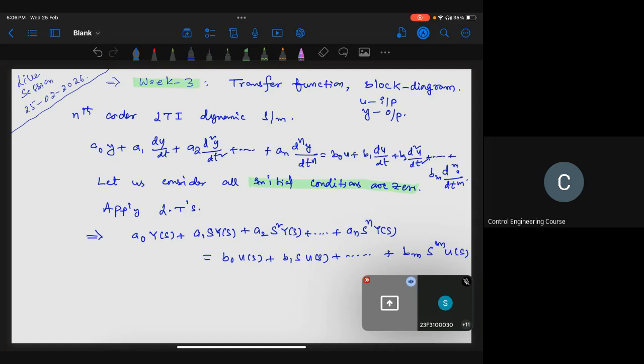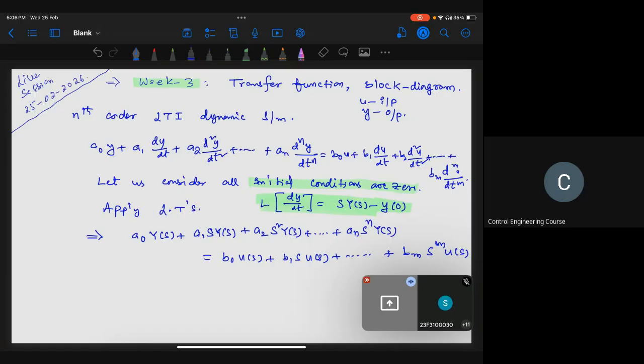How do we get this? For example, the Laplace transform of dy/dt is s Y(s) minus y(0). Here, since the initial conditions are zero, y(0) is 0.